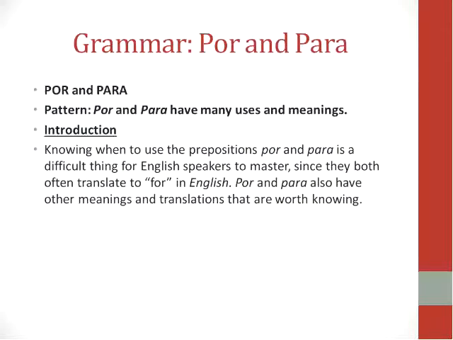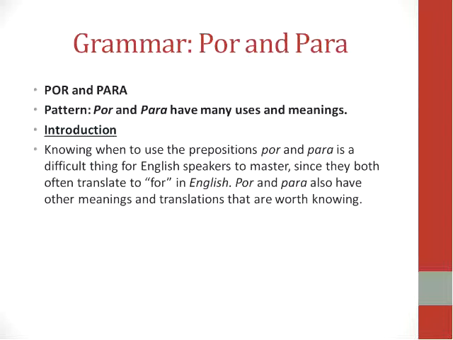Let's move on. All right, now let's talk about that por and para thing. In order to get a pattern in our mind, just so you know, por and para have many uses and many meanings. The most common translation we think of in English is the word for.